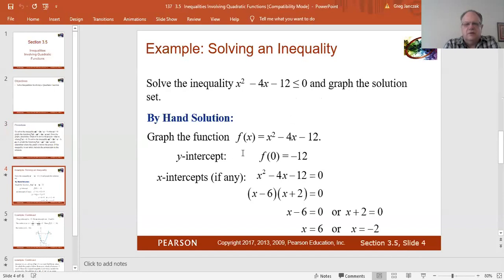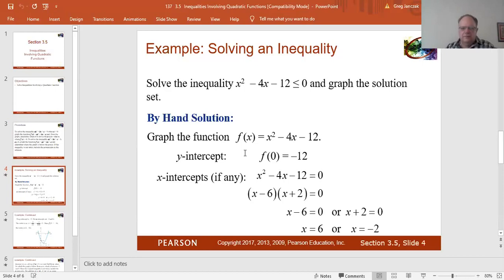So here they looked at, all right, so let's take a look. Get a piece of paper. So we're looking at x squared minus 4x minus 12 is less than or equal to 0.